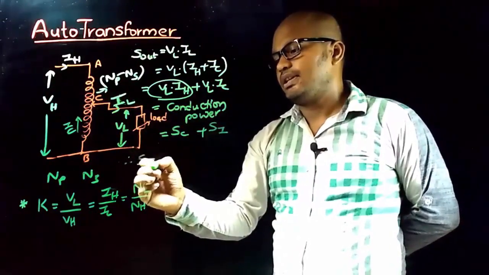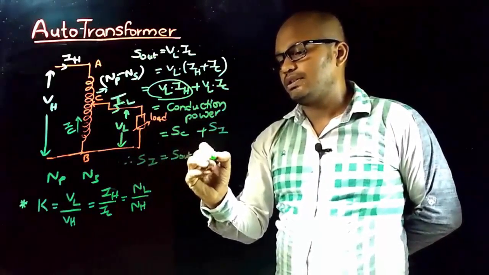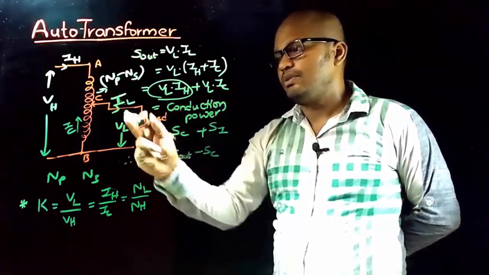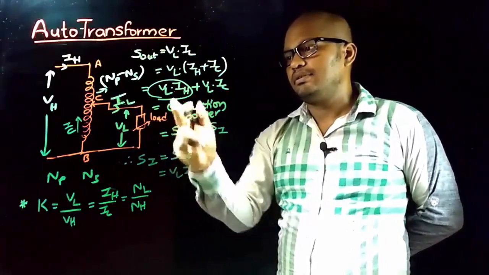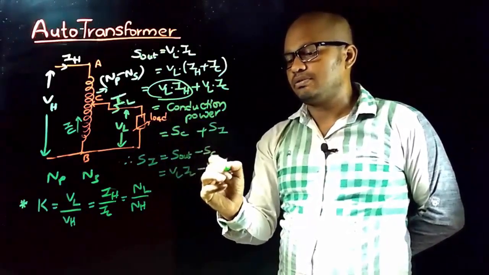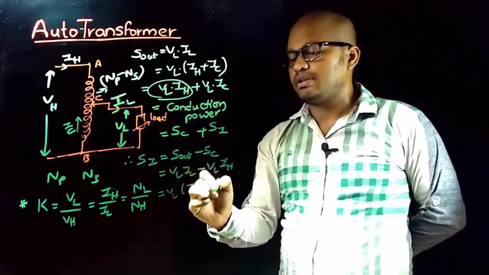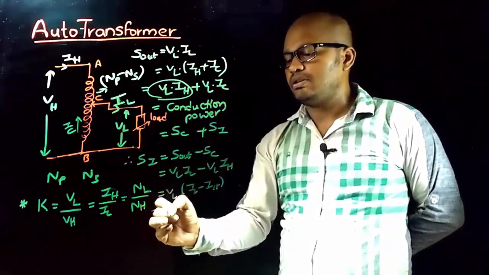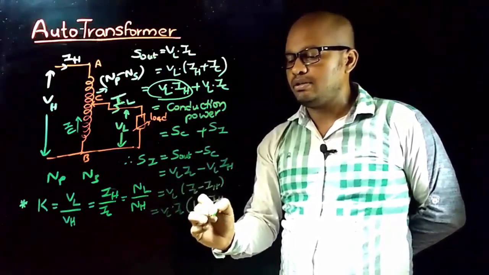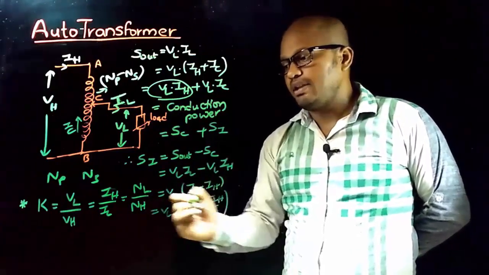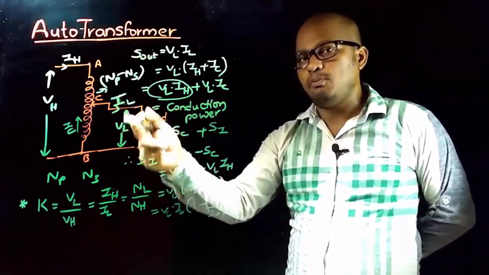Therefore SI is equal to S out minus SC, and S out means VL into IL and SC means VL into IH. Take VL common, so IL minus IH, and now take IL common, so 1 minus IH by IL, and IH by IL we took K, and VL into IL represents the output power.